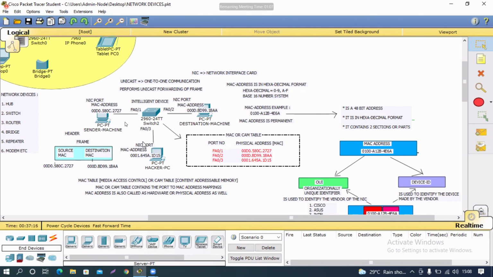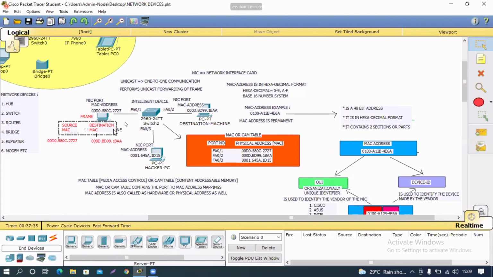So in a switch, every time it receives a frame, it simply checks the destination MAC. The destination MAC is 1B AA, right? This machine is connected to which port? FS0/2. So the switch takes the frame and delivers it to FS0/2, because that machine's MAC address is mentioned as the destination.